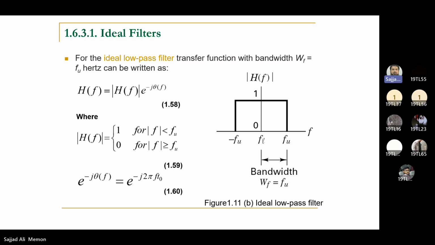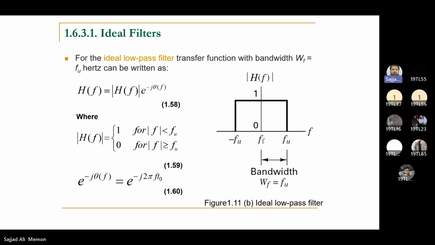Okay, let's start with ideal filters. For the ideal low pass filter, the transfer function with bandwidth some frequency f_u hertz can be written as 1 or 0.